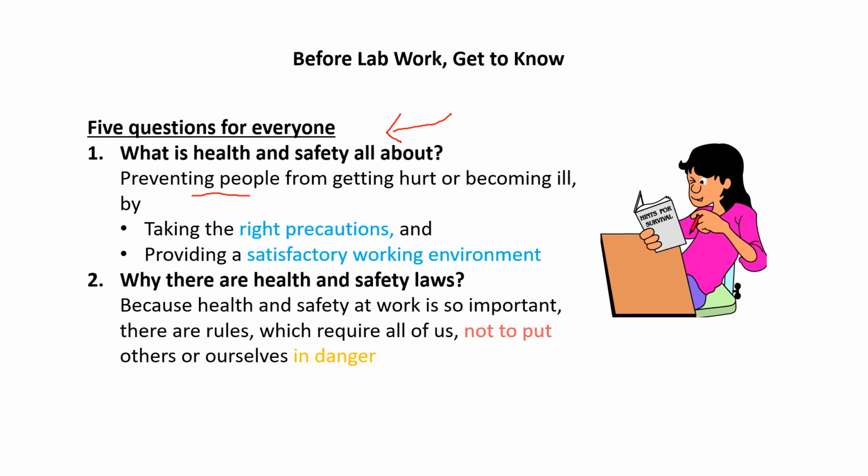If we understand this question, then we can take the right precautions, and we can also provide a satisfactory working environment for ourselves as well as for our colleagues or friends who are working in the same lab, or on the same working bench.